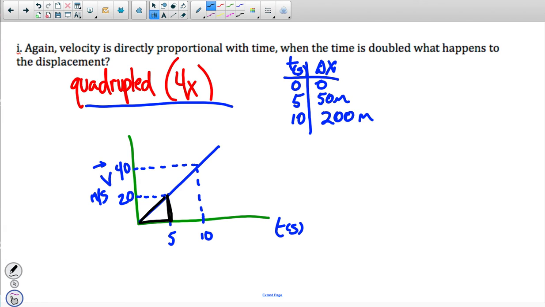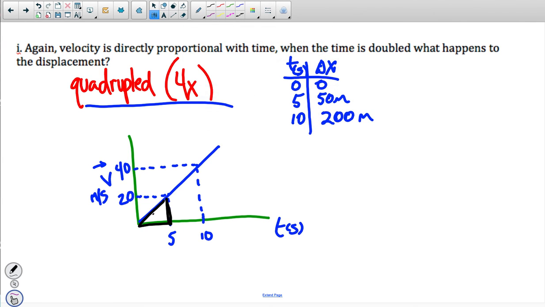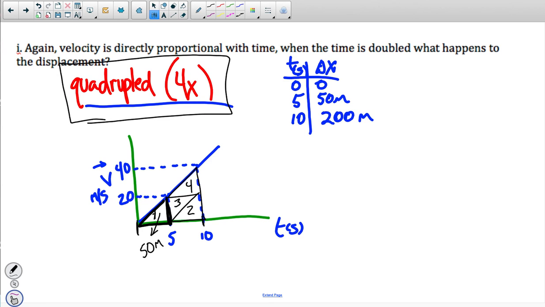We have a triangle that's that big, and that triangle was 50 meters. When we look at the displacement from 0 to 5 versus 0 to 10, we can break it into smaller triangles. How many triangles do we have from 0 to 10? We have a first triangle and a second, each worth 50 meters, and a third and a fourth, each being 50 meters, which is why the displacement quadruples when we double the time.